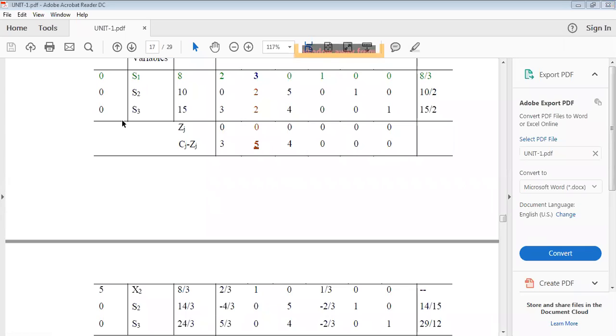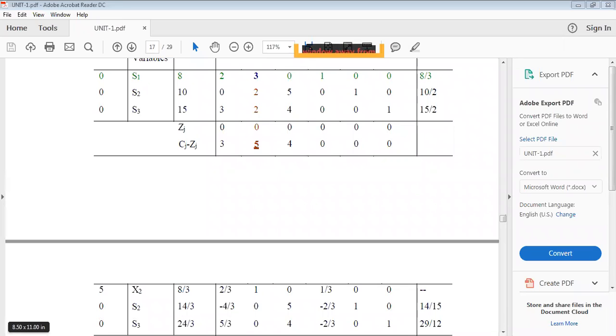Like that, new R2 is equal to old R2 minus 2 into this 2, and 2 minus 2 automatically becomes 0. So if you do that iteration, 0 S2 and 0 S1 will remain the same, and you will get 14 by 3 here, and you will get minus 4 by 3, 0, all these things. Similarly, this is new R1, you can say the third iteration.